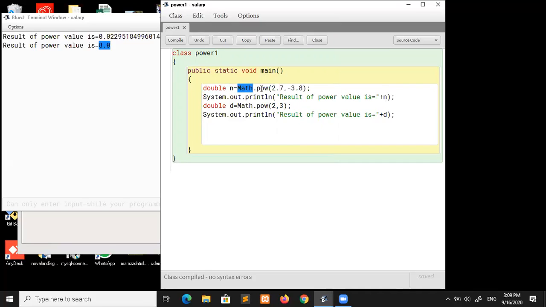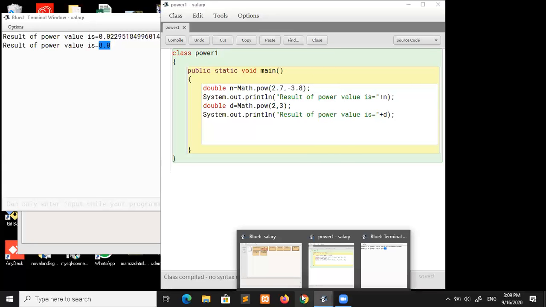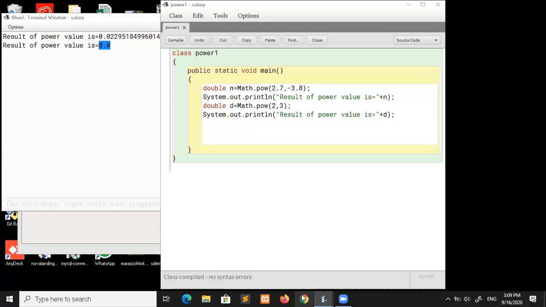So mathematical dot power. We write a raised to 2, right? That is nothing but the power. Yes or no? Suppose, I'll show you, one sec. I'll show you online only.